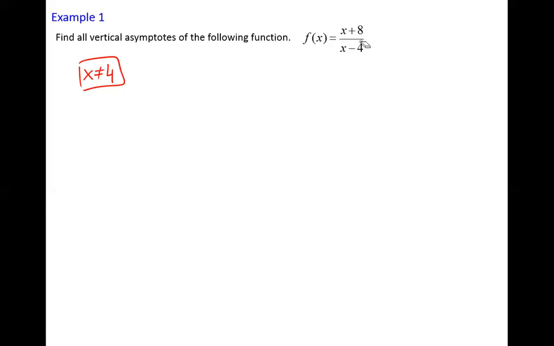Looking at this function, this is a first degree polynomial, and this is also a first degree polynomial. They are linear factors, and they are not the same. I can't factor further and I can't simplify, because they are not the same. That means this is the simplest reduced form of my function.